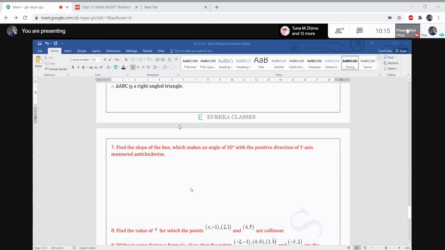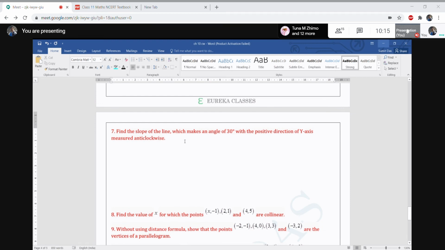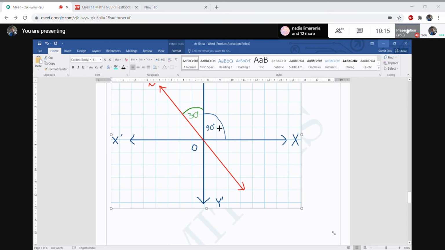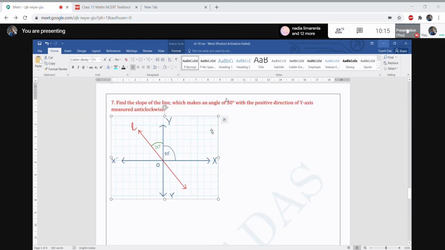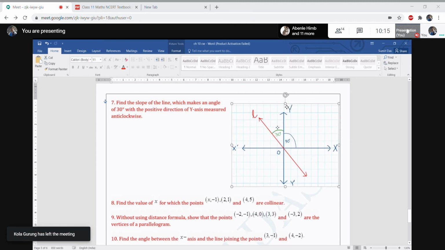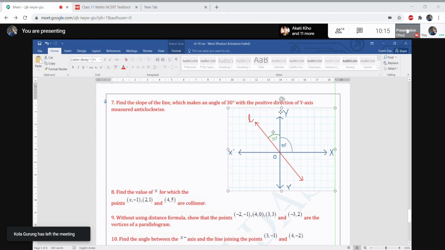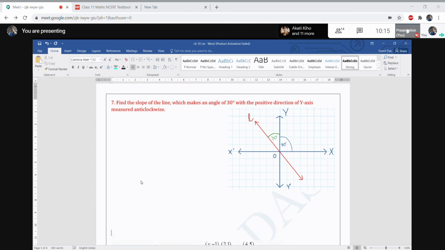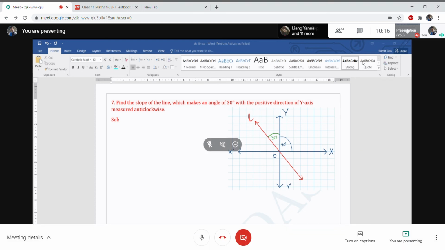Okay, my diagram is done. This question is a little bit tricky.